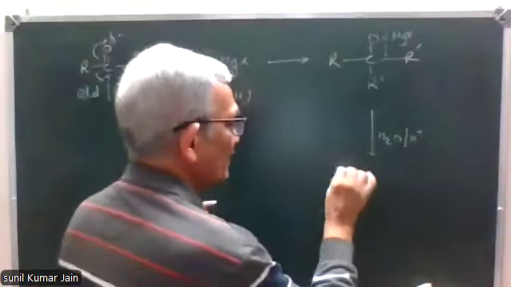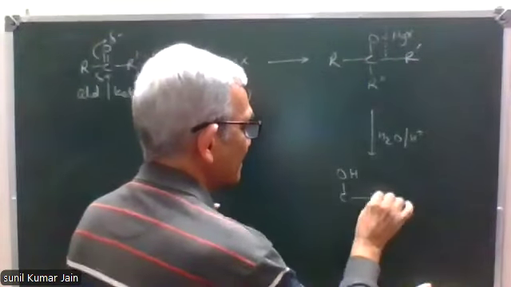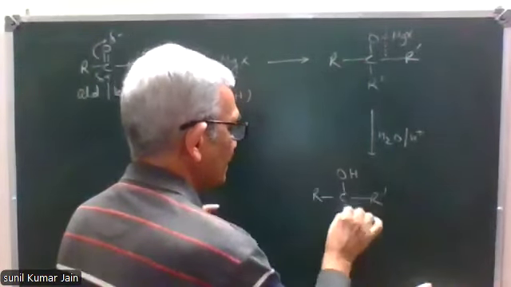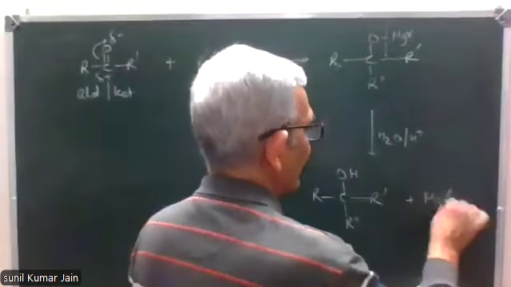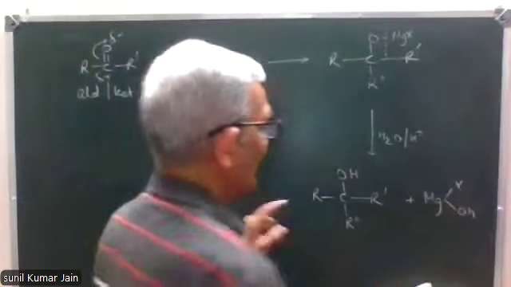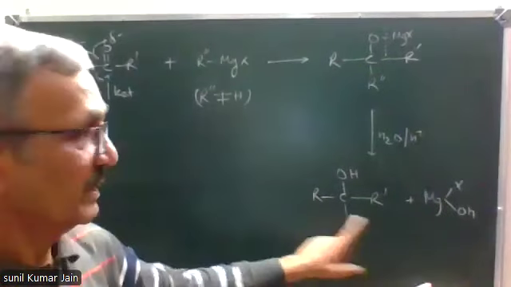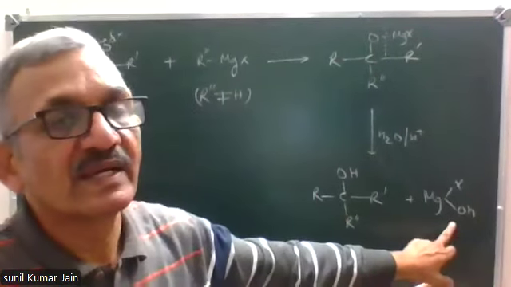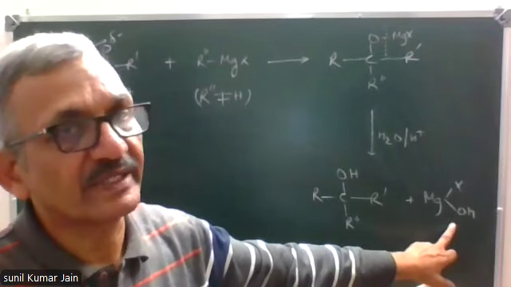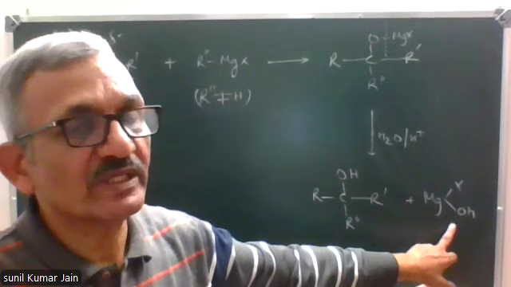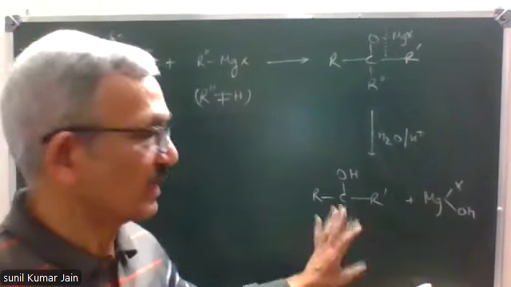So the products will be this alcohol, and this byproduct is hydroxy magnesium halide. Hydroxy magnesium halide and alcohol.